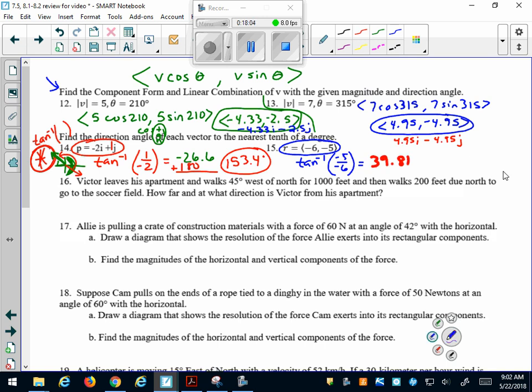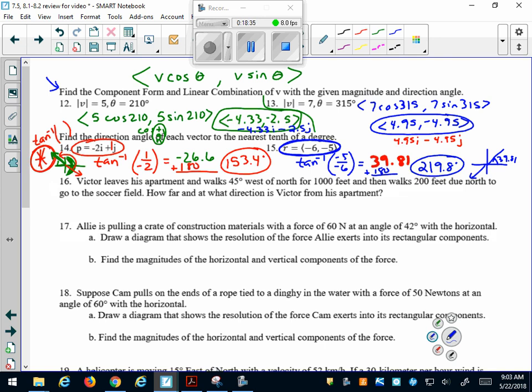So that is actually in the first quadrant, 39.81, but we know that this situation is in the third quadrant, negative, negative. So again, we're going to add 180 to bring it into the quadrant that we need it to be in, and that ends up to be 219.8 degrees. Okay, so this next one is going to have that 52.06.